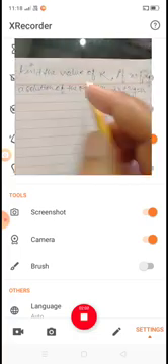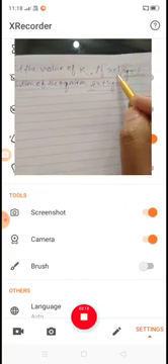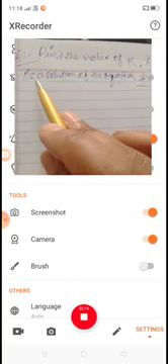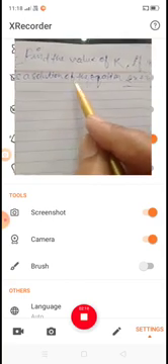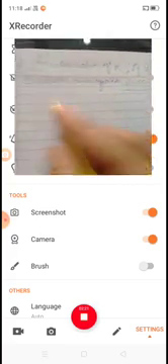Okay, this is a linear equation in two variables, and x is equal to 1 and y is equal to 1 is a solution of the equation 2x plus 3y is equal to k. Okay, now solve it.